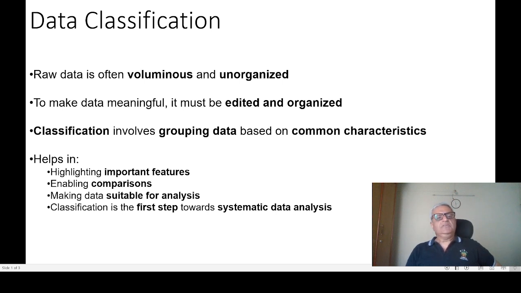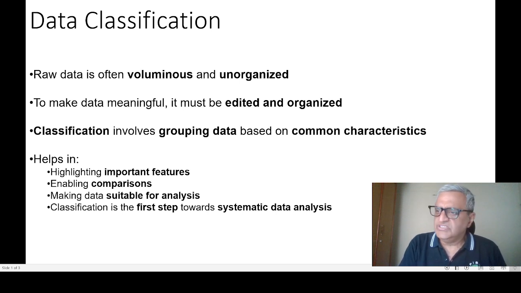So first topic, data classification. We know that raw data is extremely voluminous and unorganized. Raw data as it is cannot be used for any kind of analysis, and even if you try to go through that data, it's going to be extremely difficult.